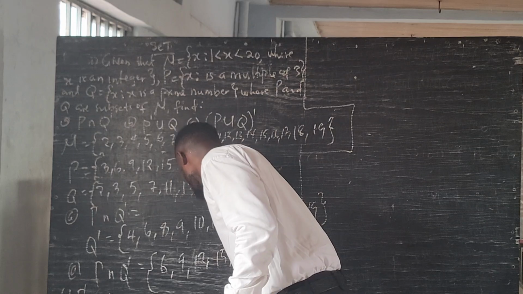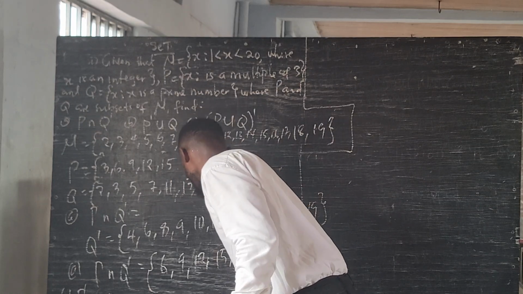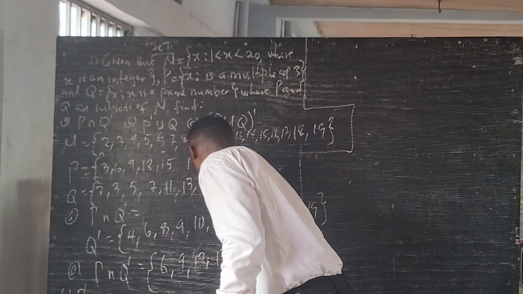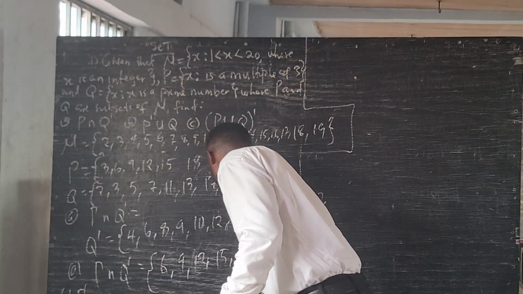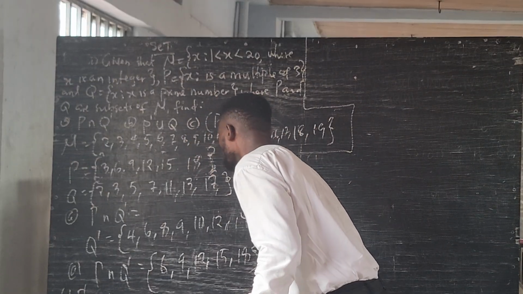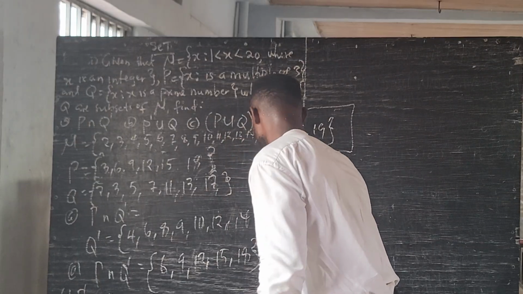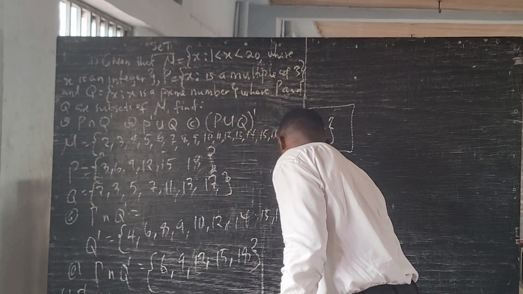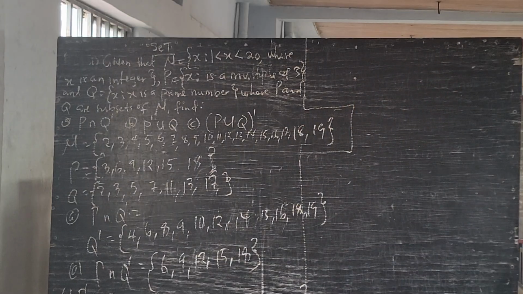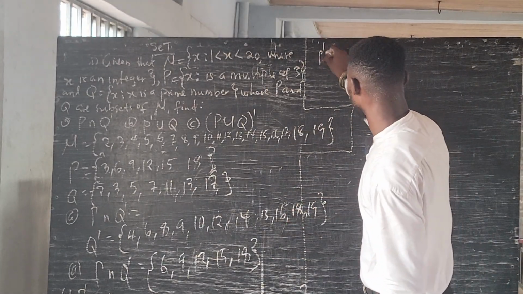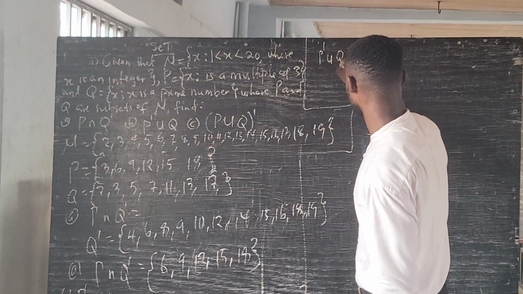We don't have 10, 11. We don't have 13, 14. We don't have 16, 17, and 19. So that's the complement. Then you have to find now the complement of P union Q.